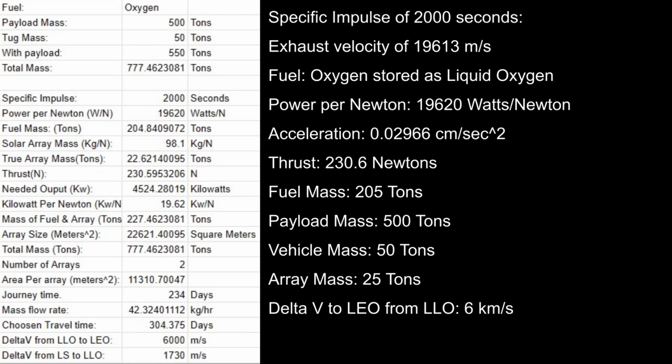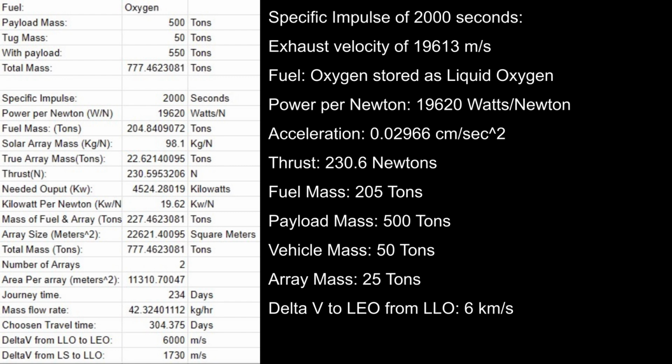For the vehicle, it will be an oxygen-fed Hall thruster solar electric tug. Let's assume this tug has a cargo mass of 500 tons, a dry mass of 50 tons, running at an ISP of 2,000 seconds. Such a ship will require 205 tons of liquid oxygen to push the ship to low Earth orbit from low lunar orbit. Since it is being sent on a low thrust trajectory, it will take about 6 kilometers a second of delta V to get there.